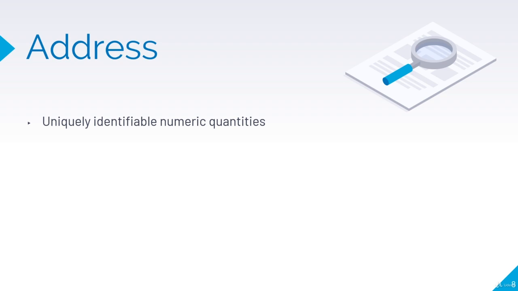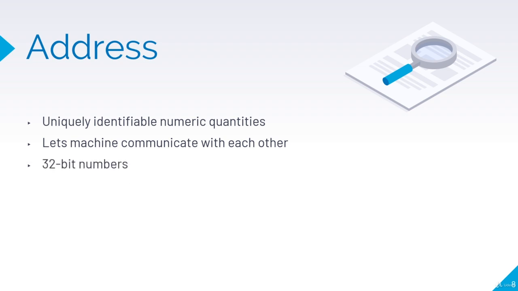These addresses, or these numbers, help machines to communicate with each other. If the machine does not have a proper address, it won't be able to communicate properly. When we are talking about addresses, we are usually referring to the IP address, which is a 32-bit number.